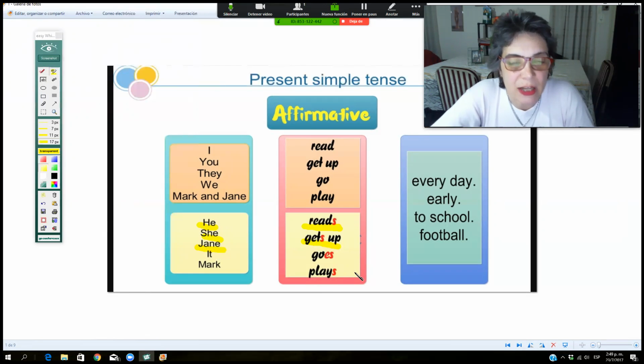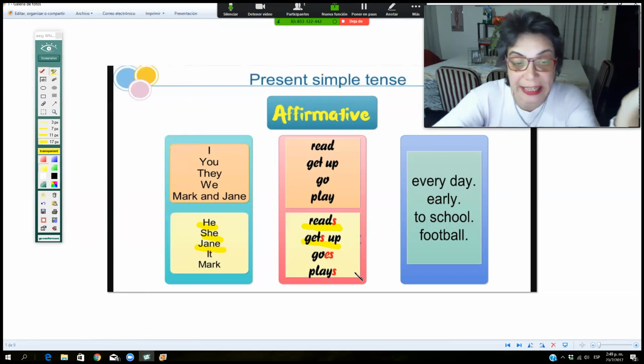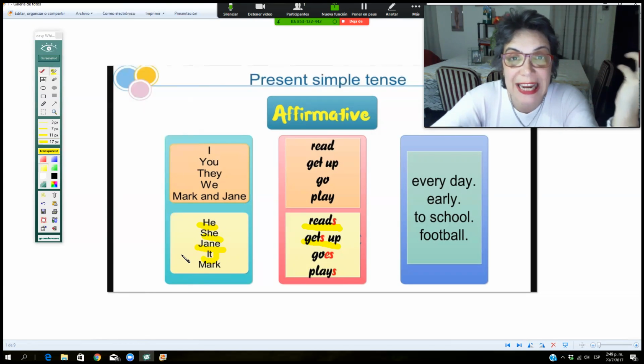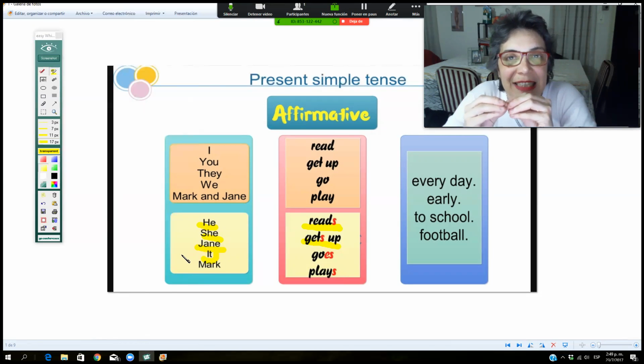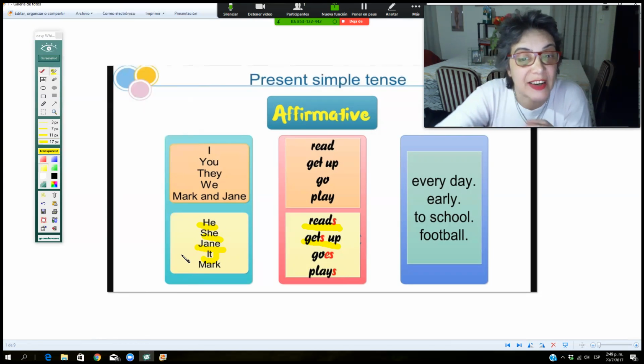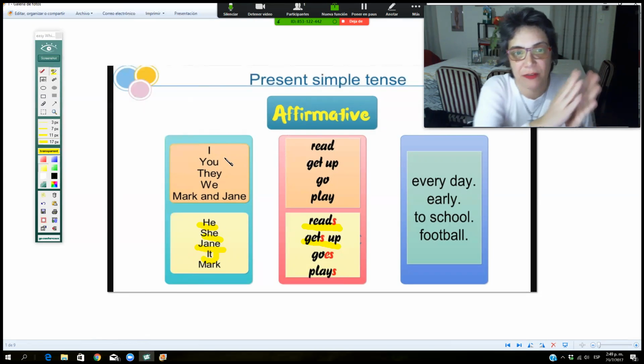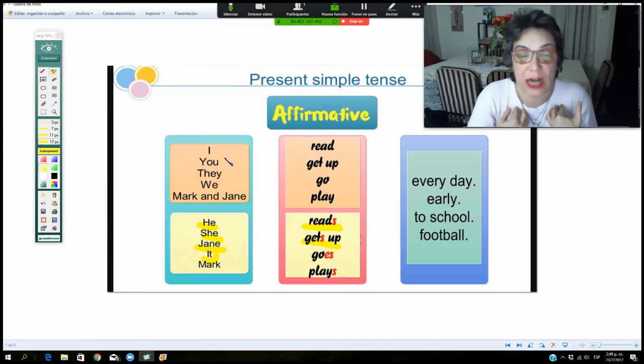She plays. So that means that when we have the pronoun he, she, or it, we have to add something to the principal verb of the sentence, and that something is the particle, the letter S. That happens in the affirmative mode. We don't add anything when we have I, you, they, we as a pronoun.